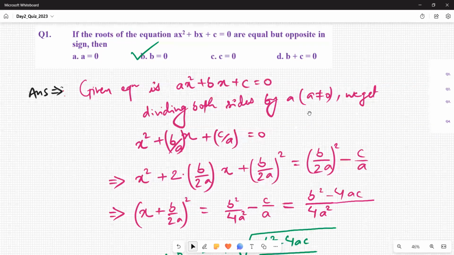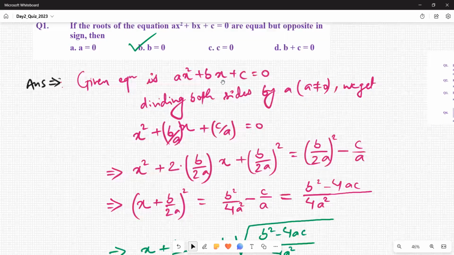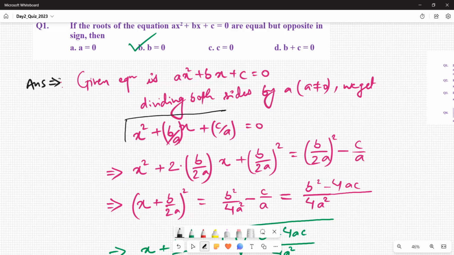So when I divide both sides by a, when a is not equal to 0, it will give something like this. This is the equation we'll get when we divide both sides by a, right?